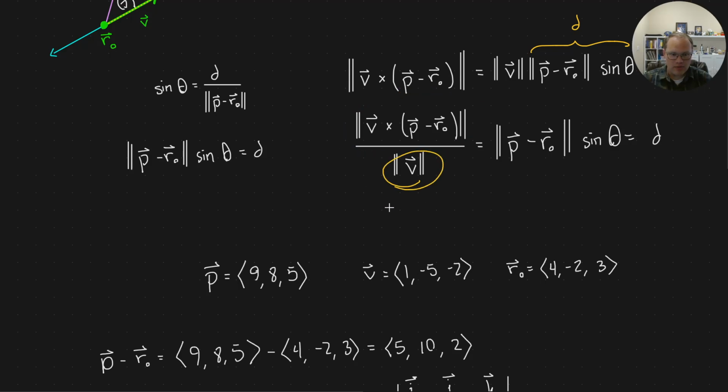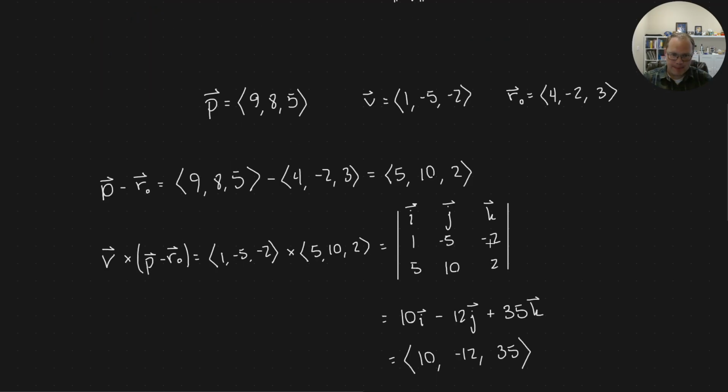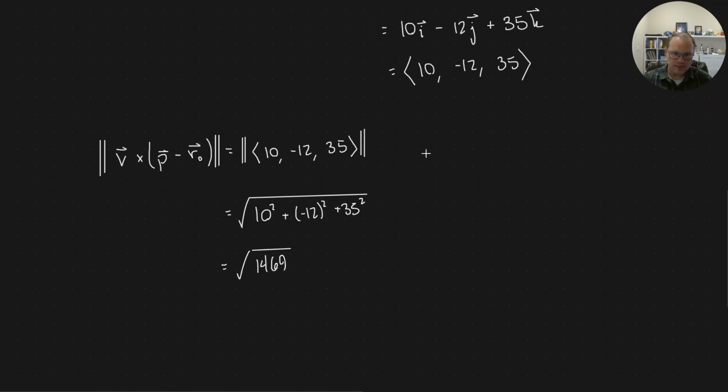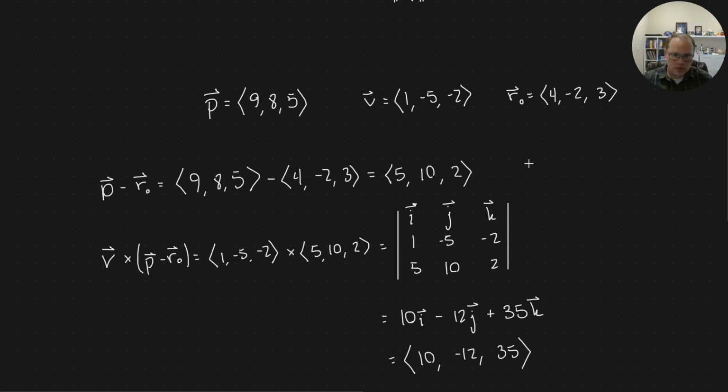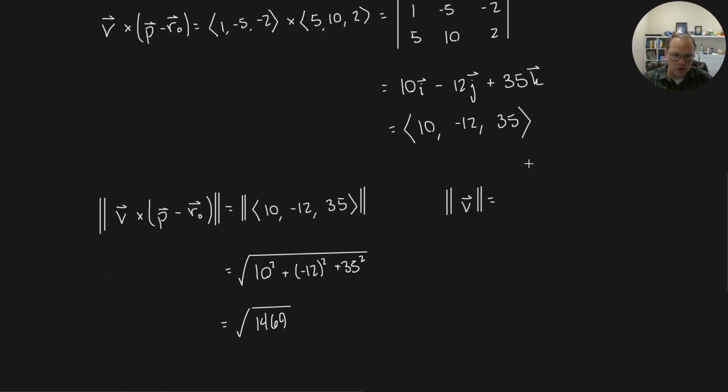And now I'm going to divide by norm of v. So I need to calculate that. And once I take those two and divide them, that'll give me my d, right? That will give me my distance. So let's take the norm of vector v, 1, -5, -2.